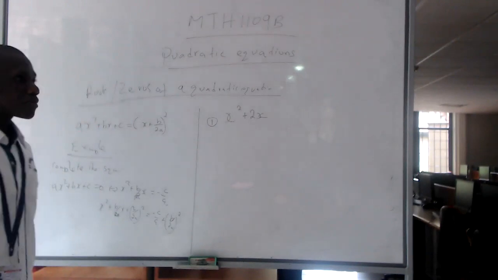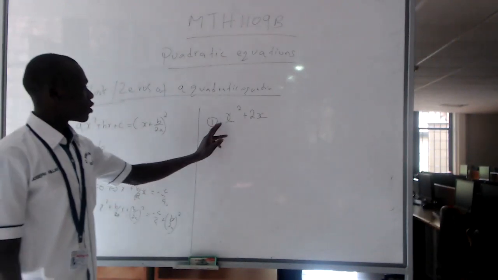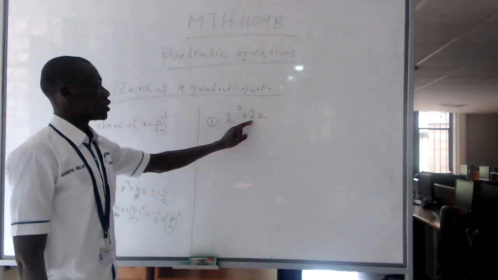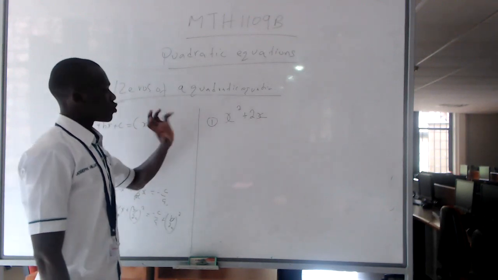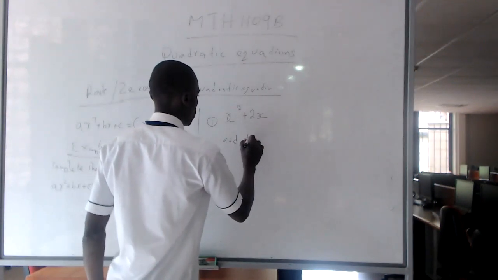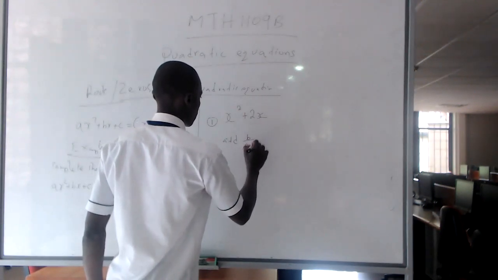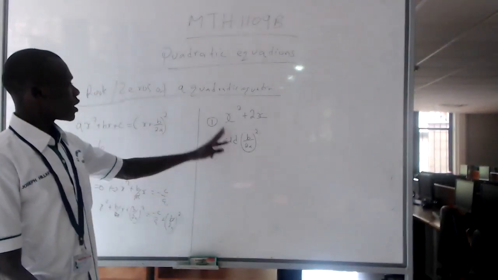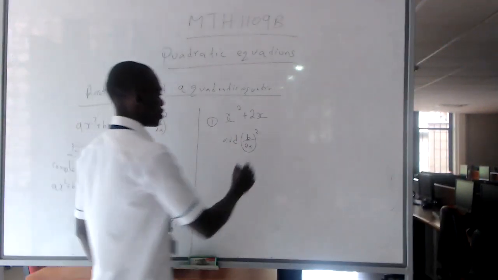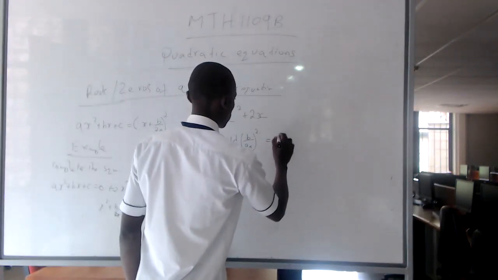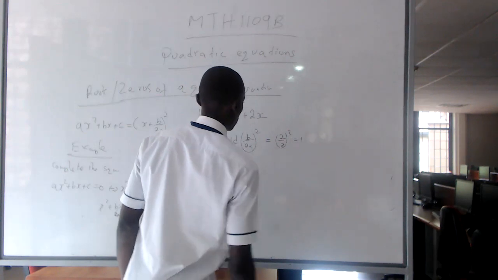Complete the square. In this case, the coefficient of x squared is 1, so we're good to go. The coefficient of x, which is now b, is 2. To complete the square, you need to add (b divided by 2a) squared. In this case, a is 1, b is 2, so I should add (2 divided by 2) squared, which is 1.